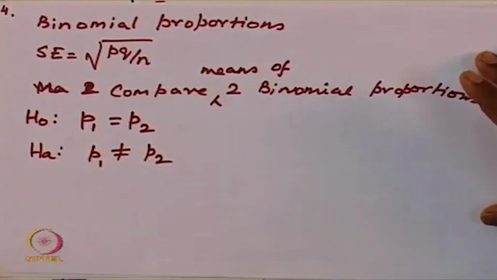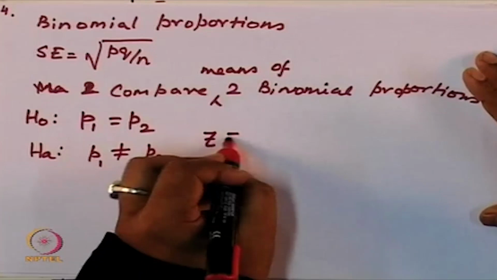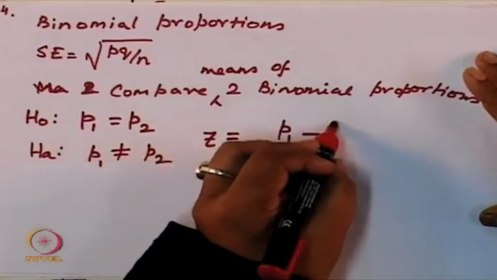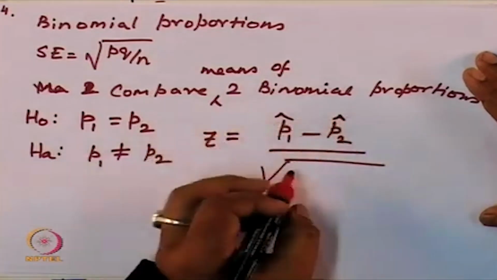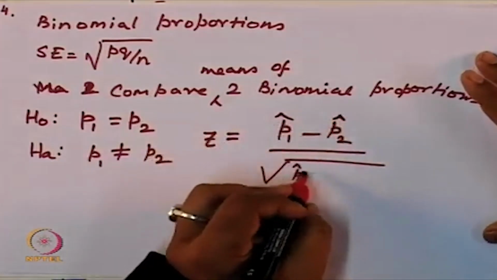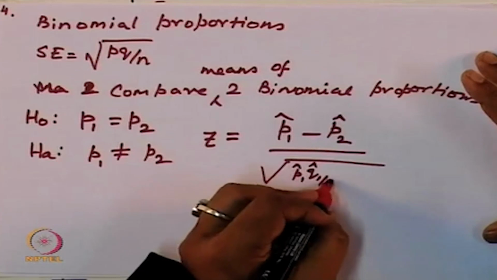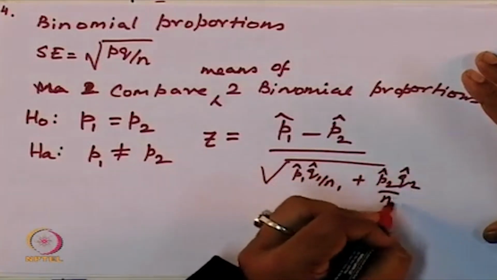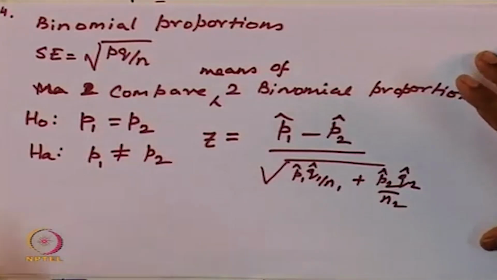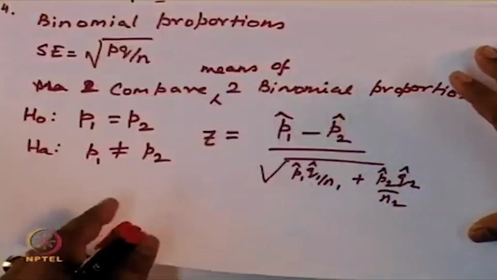So, your test statistic z is calculated as p1 hat minus p2 hat by root of p hat q hat by n1 plus p2 hat q2 hat by n2. Let us take a sample example to see how we can solve this problem.